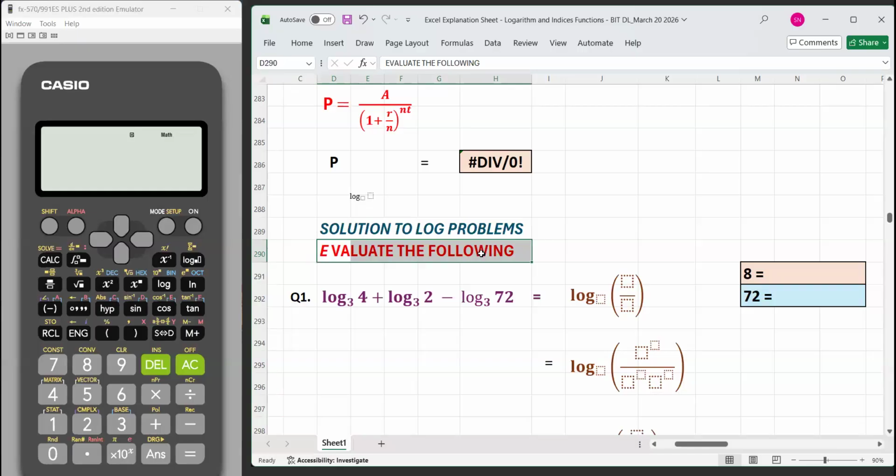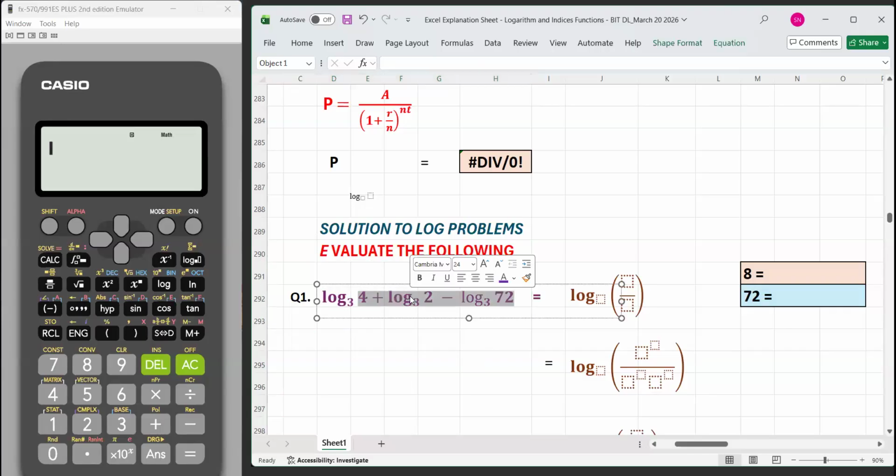Evaluate the following. The first one says log 4 base 3 plus log 2 base 3 minus log 72 base 3. What happens between log 4 and log 2? You multiply them.